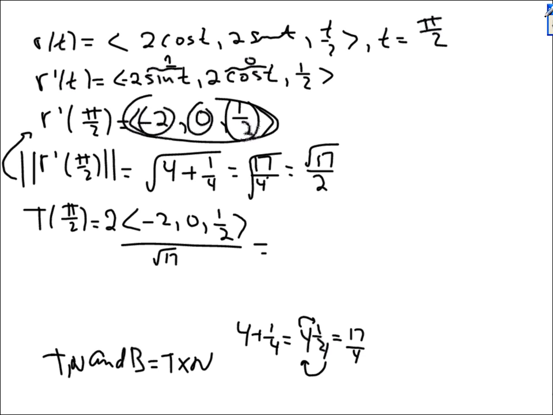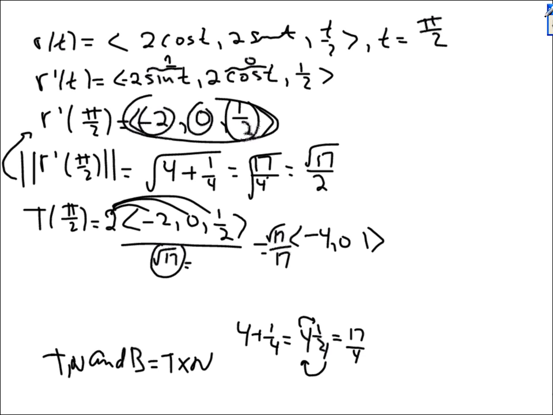Let me distribute the 2. We get negative 4, 0, 1. I got rid of the fraction. And dividing by square root of 17 is the same as multiplying by square root of 17 over 17.